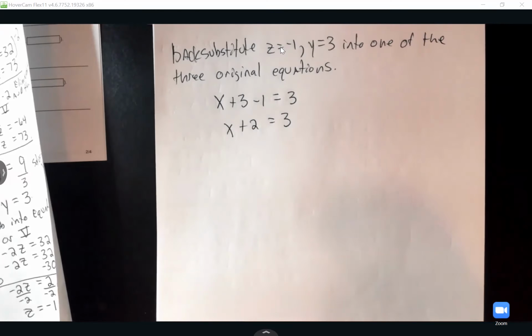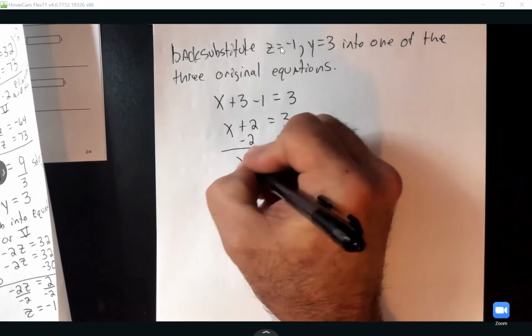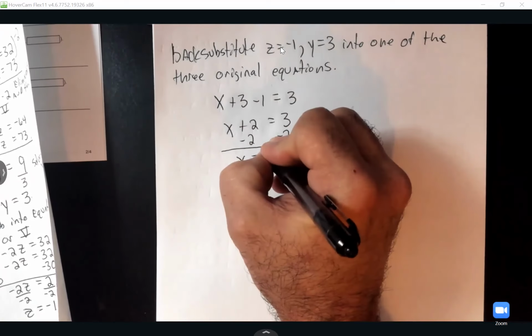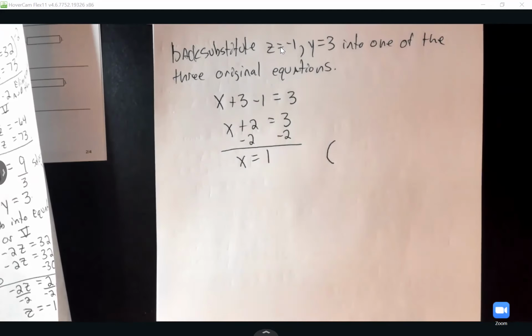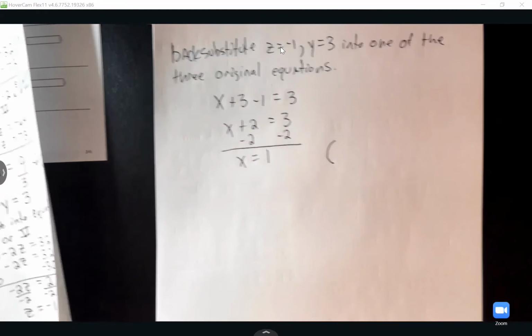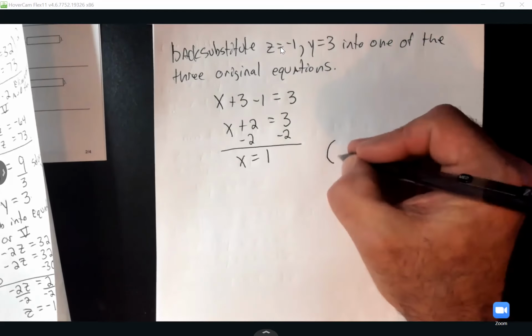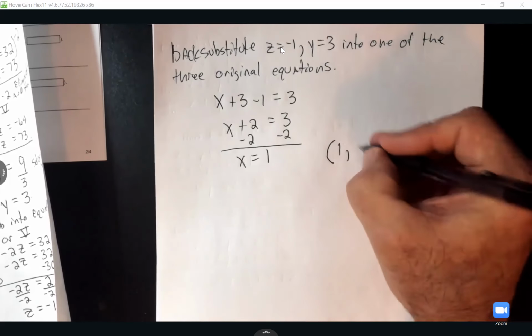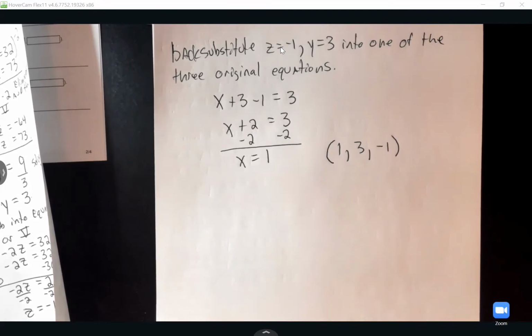My final step to get the x, subtract 2 from both sides, and I get x is 1. So that answer has to be an ordered triple because we had 3 variables. So let's see, x was 1, y was 3, z was -1.